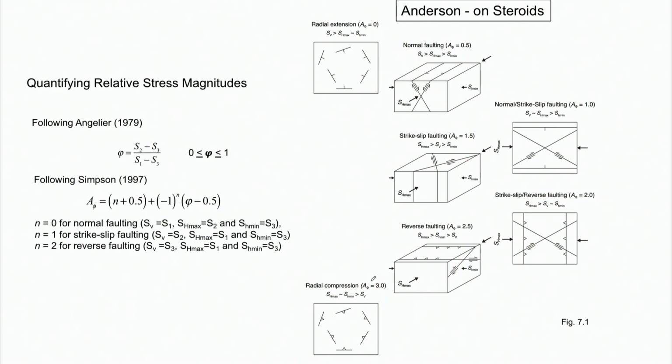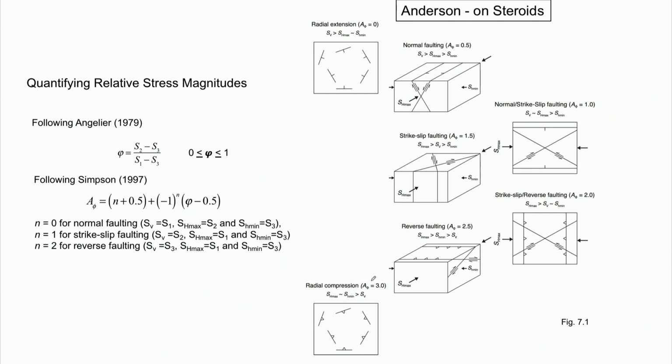Now, A phi, this concept results from the work of two scientists, Jacques Angelier, who was a structural geologist, trying to understand the relationship between stress magnitudes and faults. And he defined a parameter he called phi, which basically said, where is S2 with respect to S3?